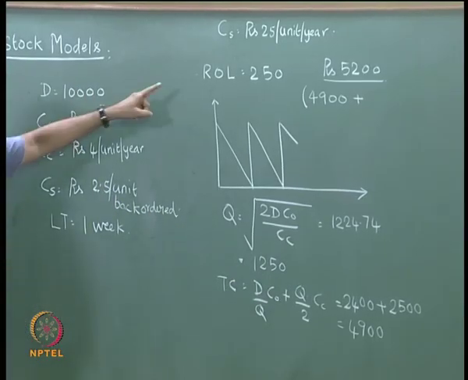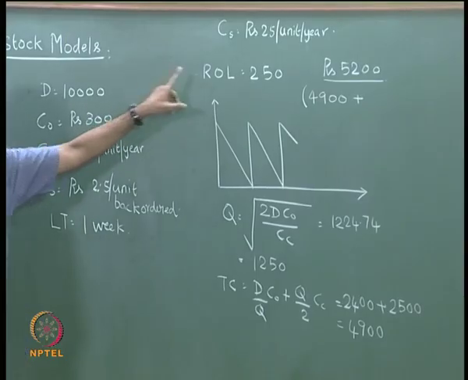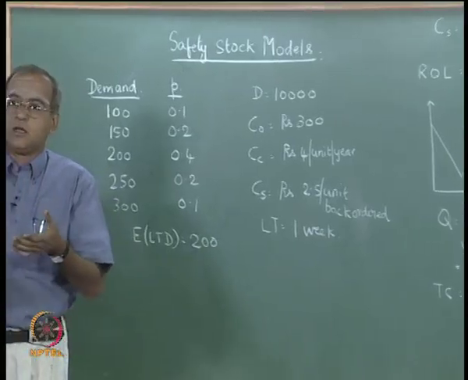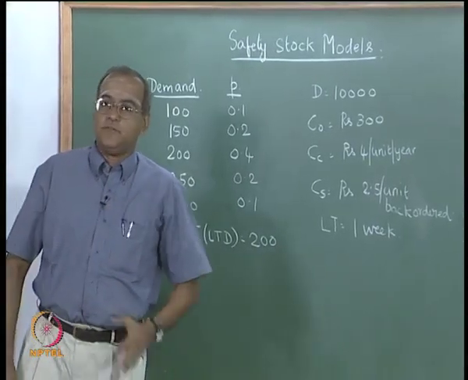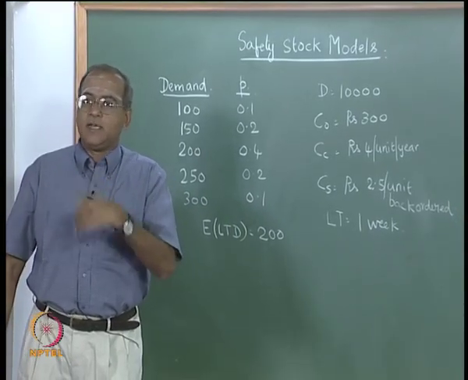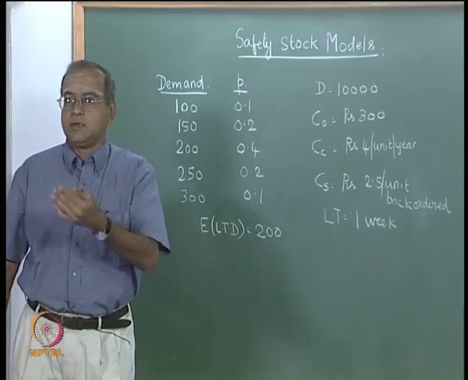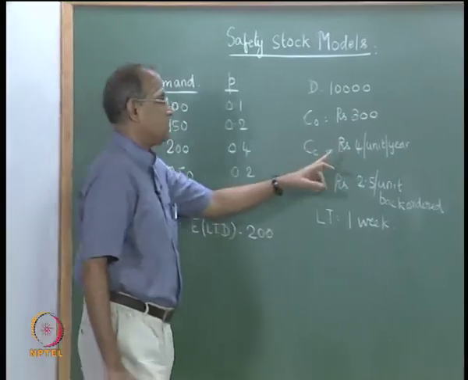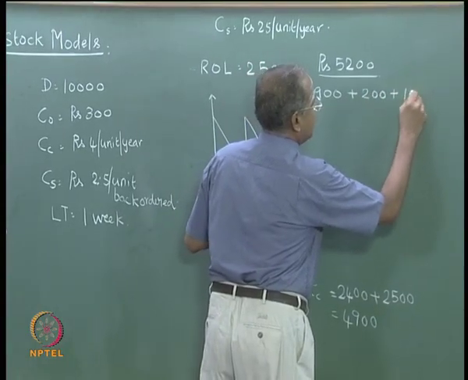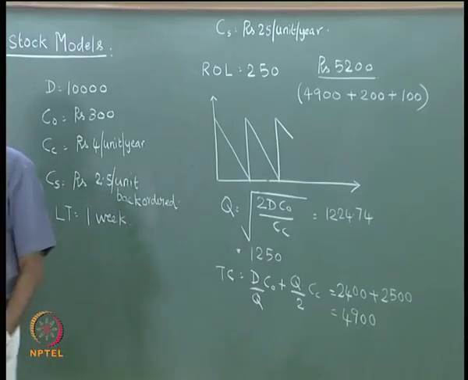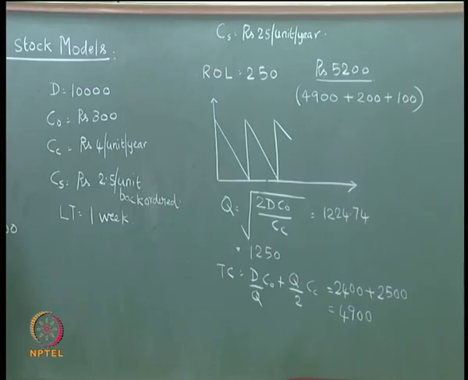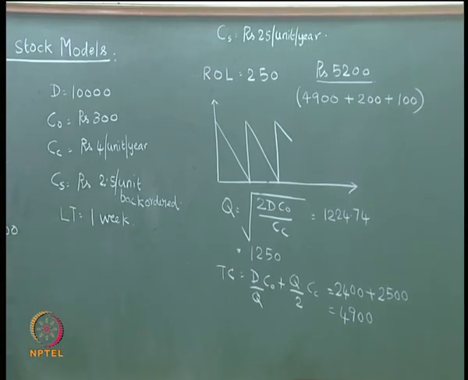The reorder level being 250 and the expected lead time demand being 200, we have an excess stock or safety stock of 50, which is continuously carried. This 50 is carried at the rate of rupees 4 per unit per year, so that would give us an additional 200. We also said that the shortage would give us an additional cost of 100, which would give us a total of 5,200 per year. So, we could explain all of these.